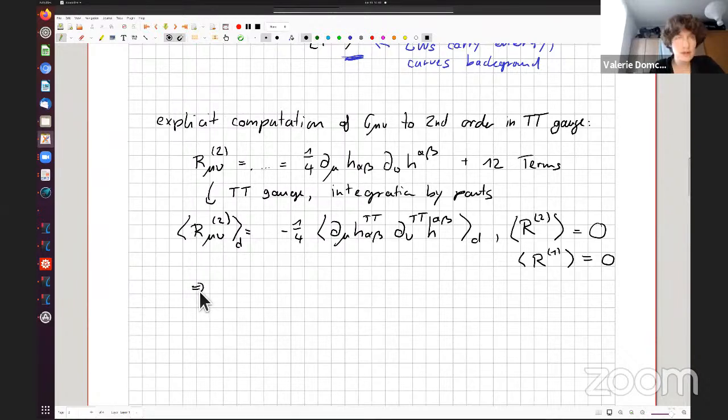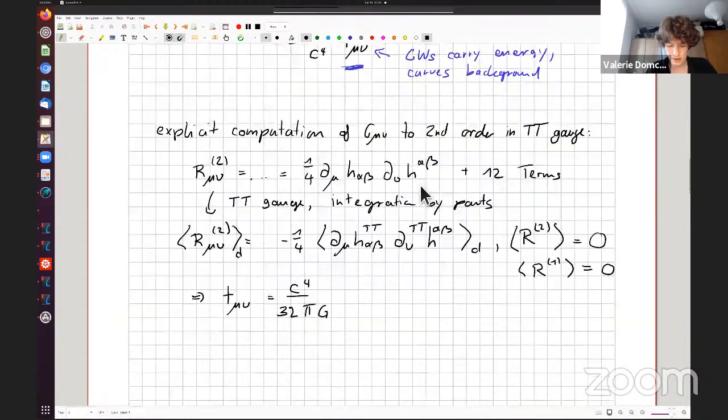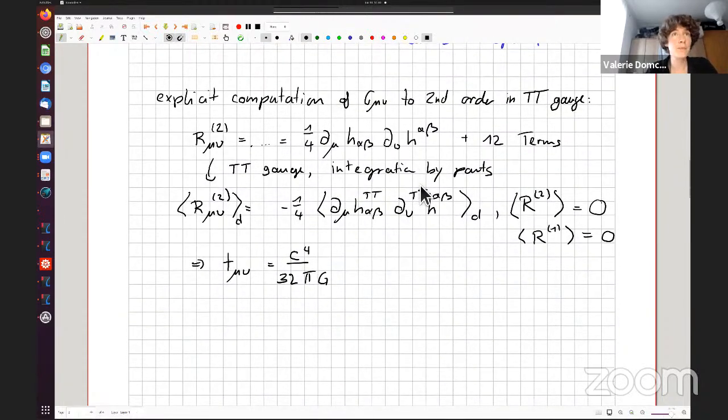And then you can get that this T_μν that we were looking for, the energy momentum tensor, is just c^4 over 32πG, right? This was just a prefactor that we introduced a bit by hand up here, including this factor 4, times ∂_ν h^TT_αβ ∂_ν h^TT_αβ.